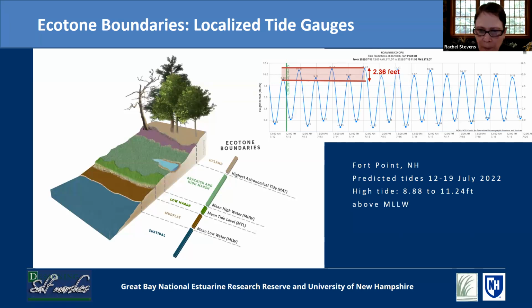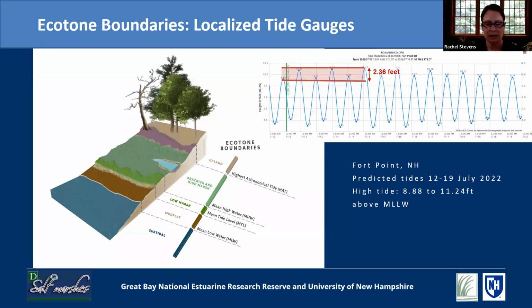And this is a summary. This is actually the week of high tides in Great Bay, the week that we're sitting in. And just to make the point that each high tide isn't exactly the same. There's a lot of variation. So just within this week, the lowest high tide is 8.88 feet and the highest high tide is 11.24 feet.